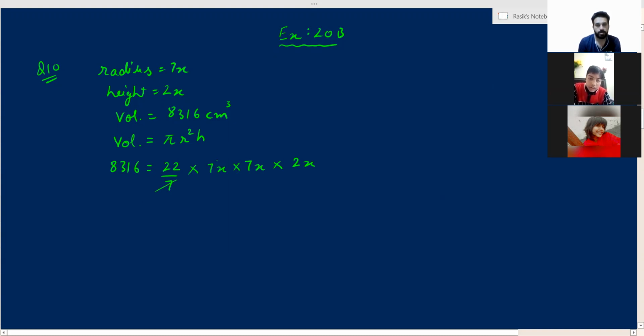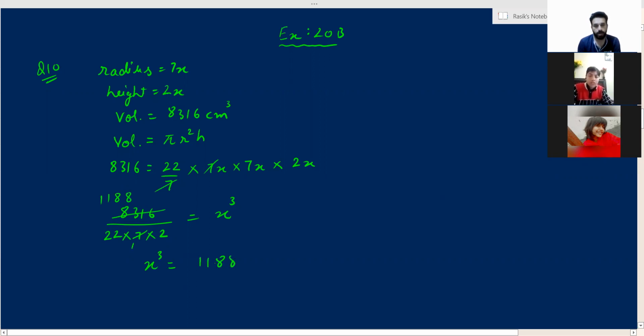Okay, so this 7 and 7 you can cut. So 8316 divided by 22 into 7 into 2, and in the RHS what is left? x cube. So x cube is equal to, when you simplify this, divide by 7, 8316 divided by 7, 1188.